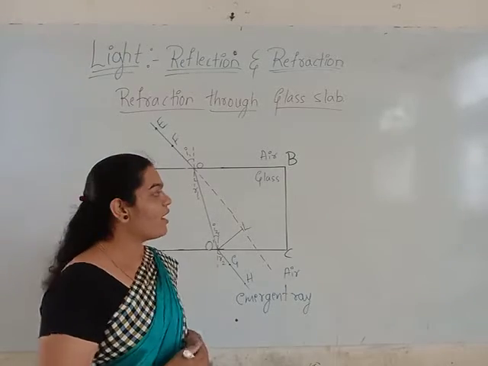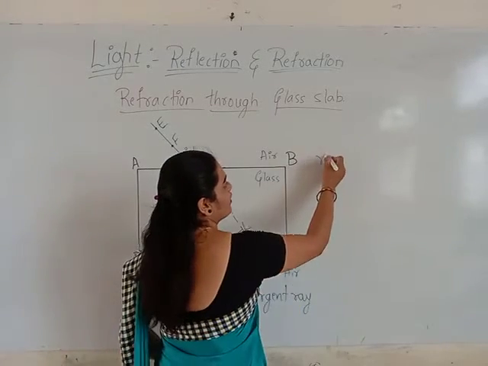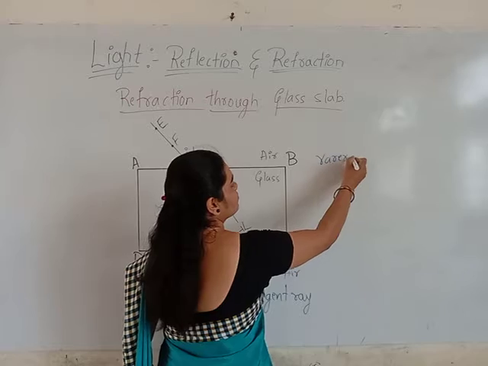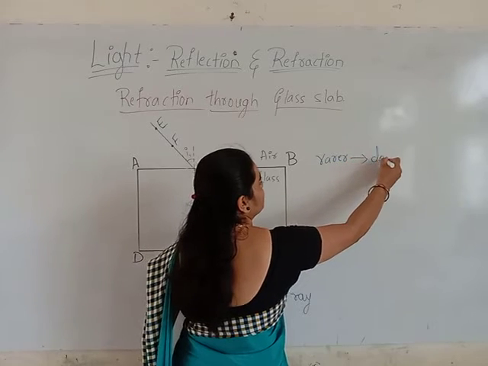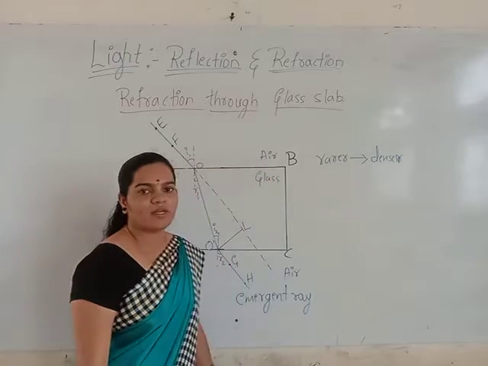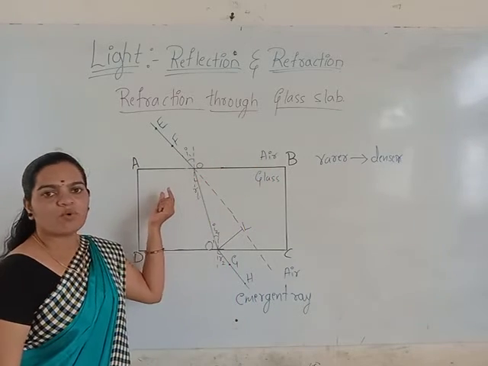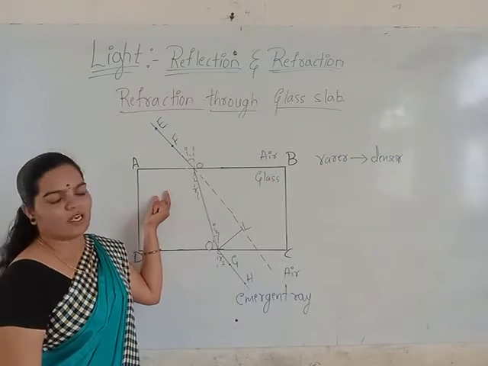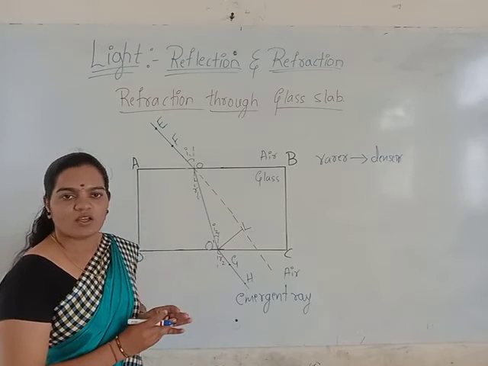When the ray enters from rarer to denser medium, what happens? The refracted ray moves towards the normal.